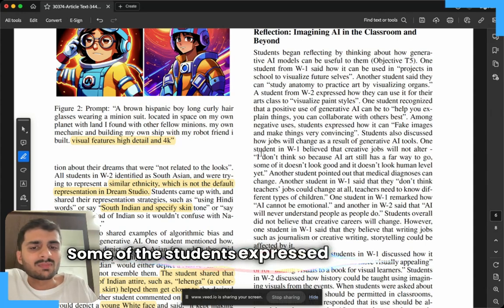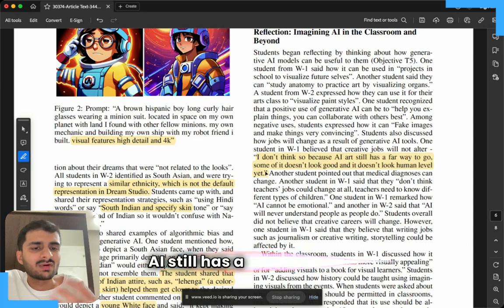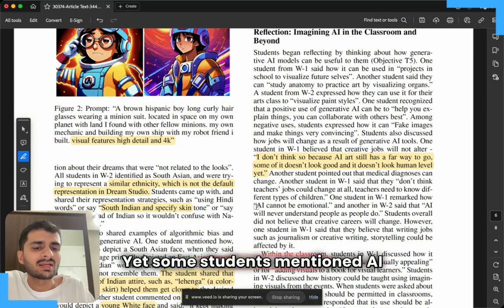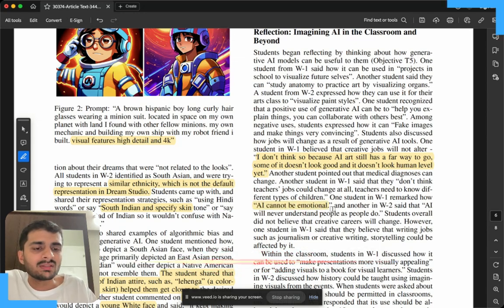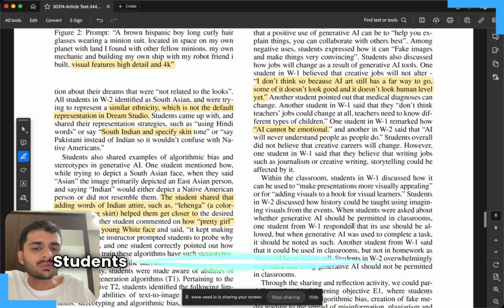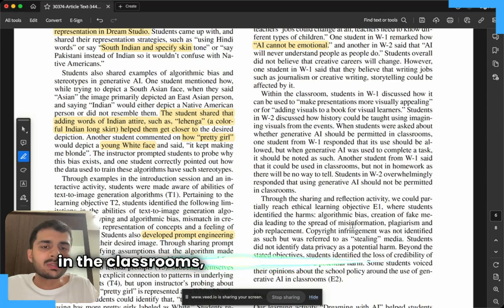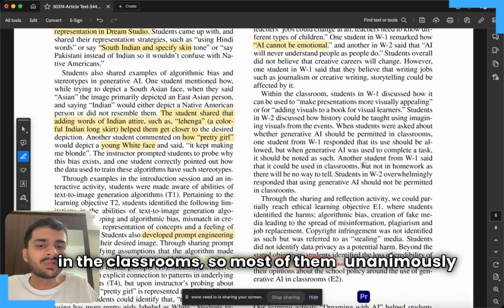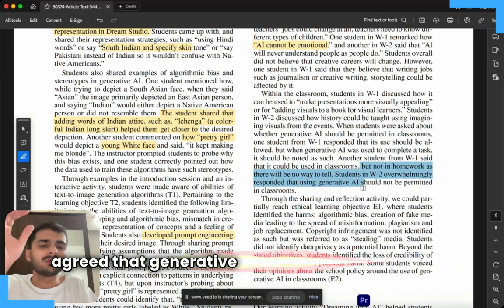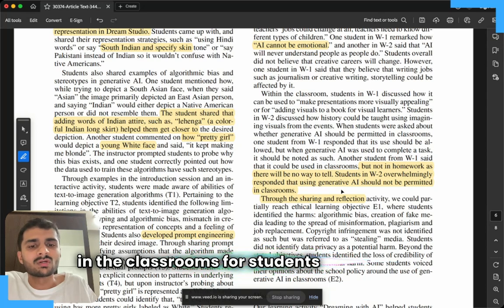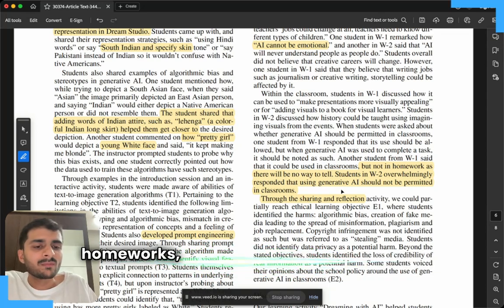Some of the students expressed their opinions that AI still has a far way to go. It doesn't look like human level yet. Some students mentioned AI cannot be emotional as well. Students were discussing how AI should be used in the classrooms. So most of them unanimously agreed that generative AI should not be permitted in the classrooms for students to solve their homework.